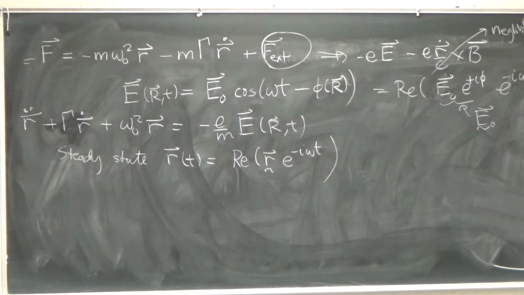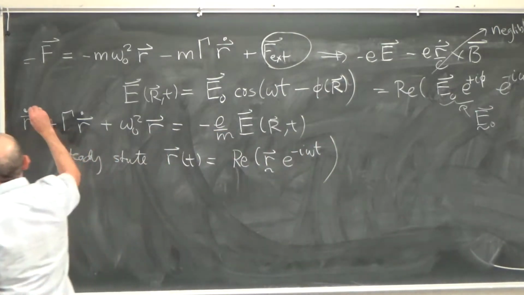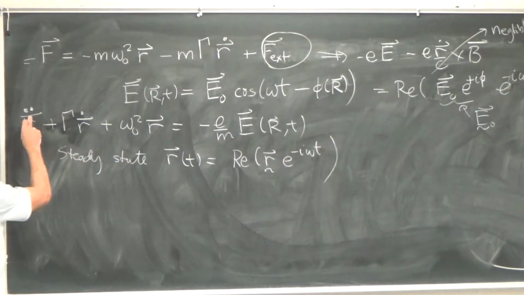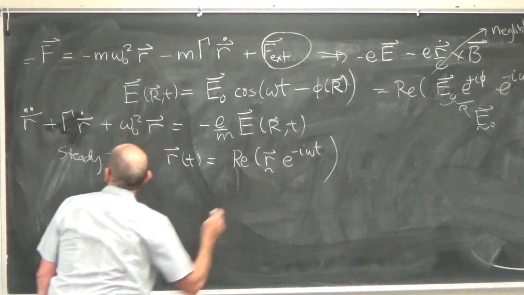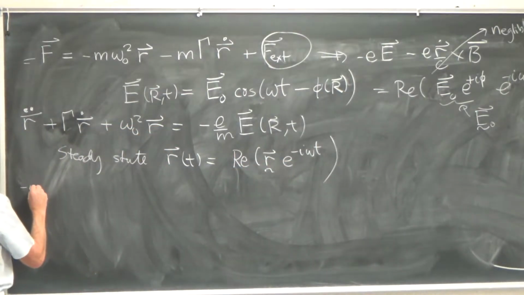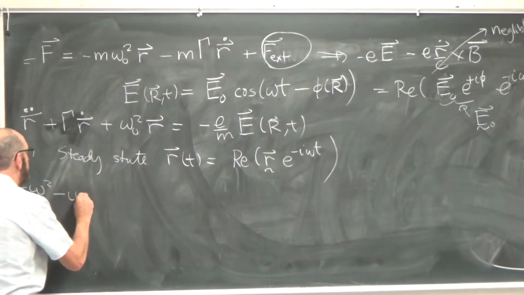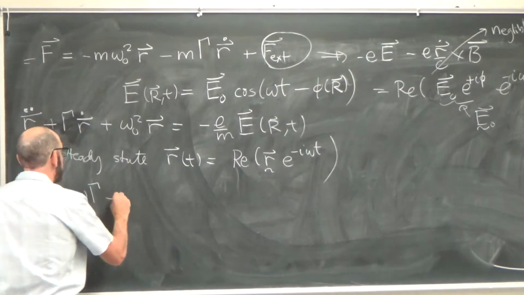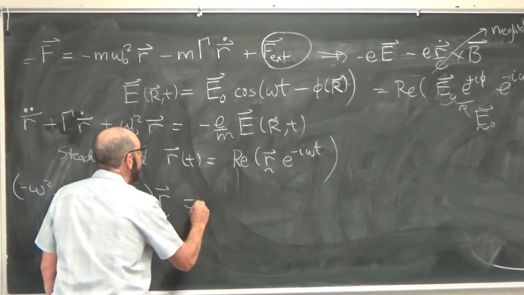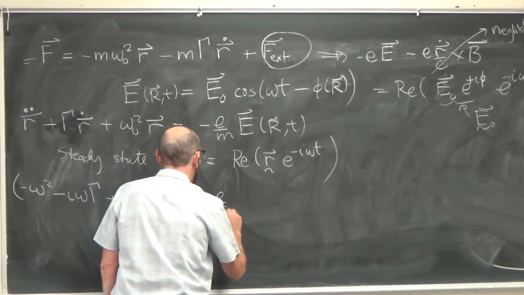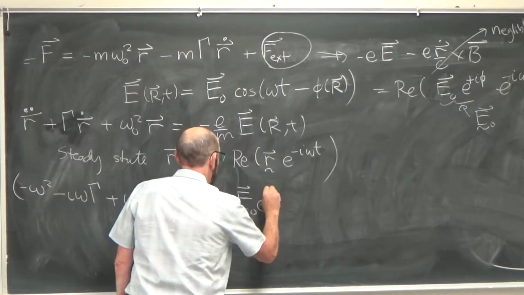And then write everything in terms of the complex amplitudes. Every time derivative becomes multiplication by minus i omega, and this equation becomes minus omega squared minus i omega gamma plus omega naught squared, times r tilde, equals minus E over m, E0 e to the i phi.